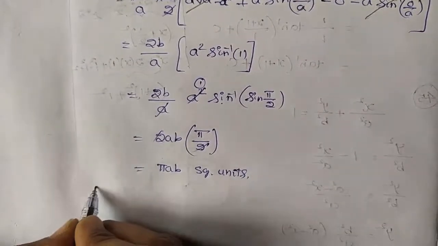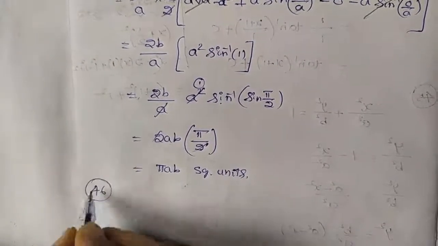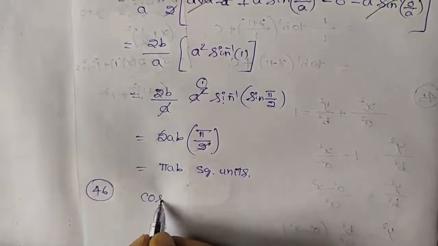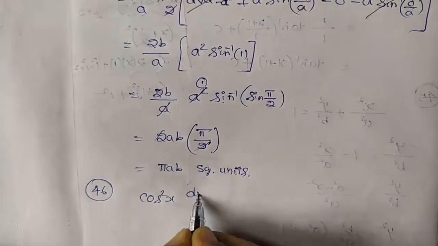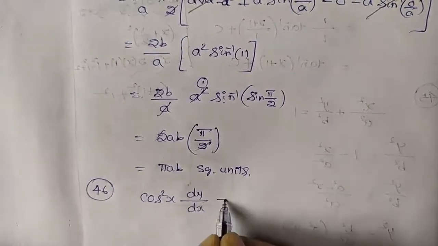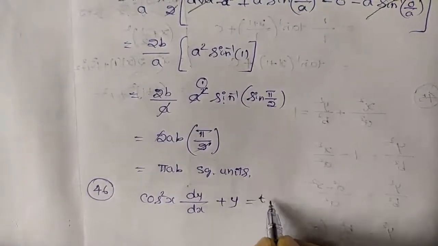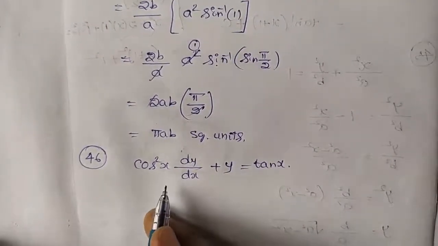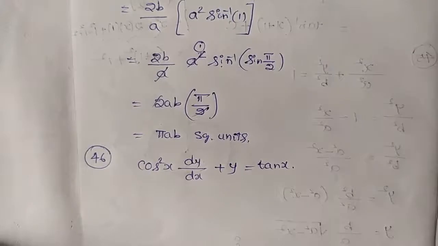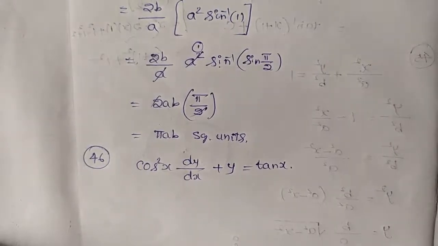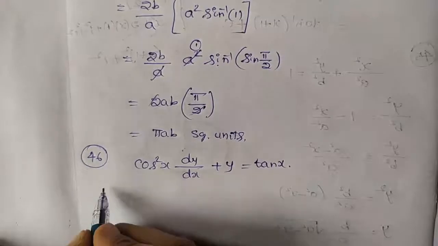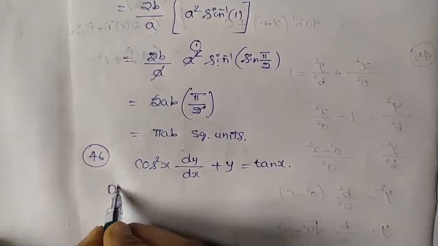Next, see the 46th question. Solve the differential equation cos square x dy by dx plus y equals to tan x. First we have to write this in dy by dx plus py equals to q, so that we have to divide both the sides by cos square x.